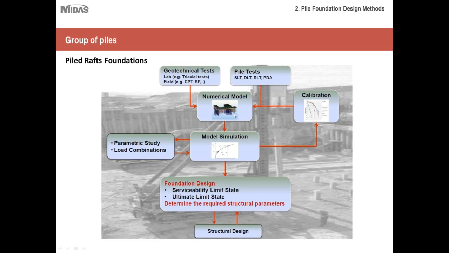Once you have obtained the numerical model in 3 dimensions, you perform the simulation, and there you have to perform a parametric study, which means you can play around with different pile arrangements, different types of piles, different pile materials, different dimensions, different lengths of the pile, and also apply different load combinations. Based on this parametric study and load combinations, you will get a set of results which will be in the form of stresses and deformations in the soil strata as well as in the pile members.